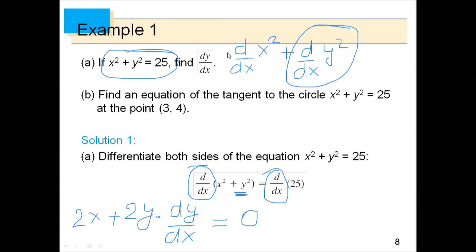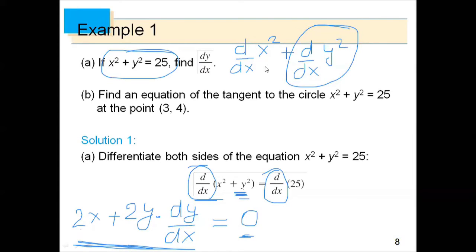Okay, so we got it now. The left hand side is 2x plus 2y dy over dx, and that is equal to what? It is equal to 0. And now I simplify. How do I simplify? I'll just take this 2x to the other side.